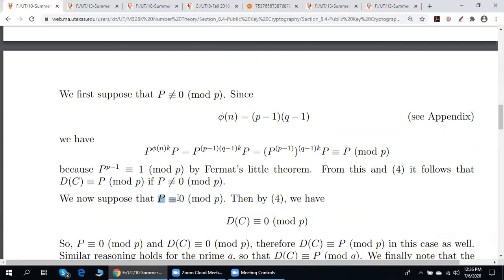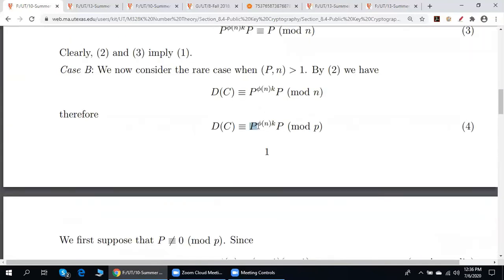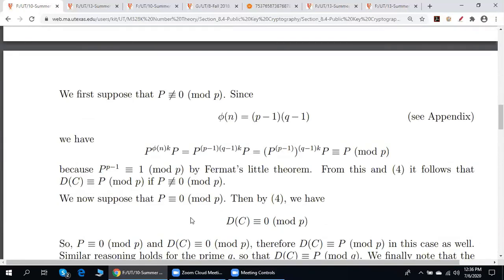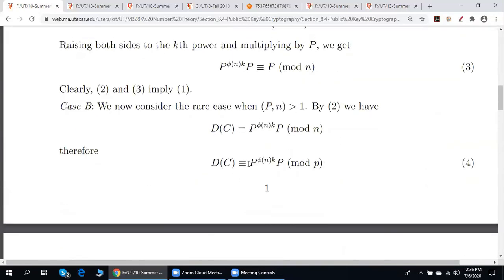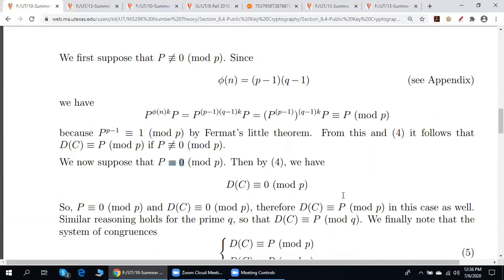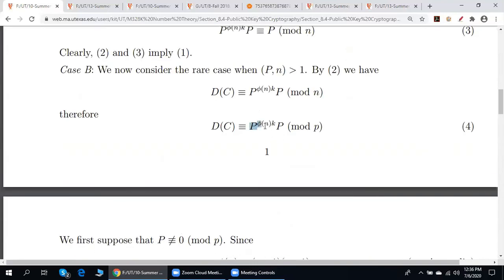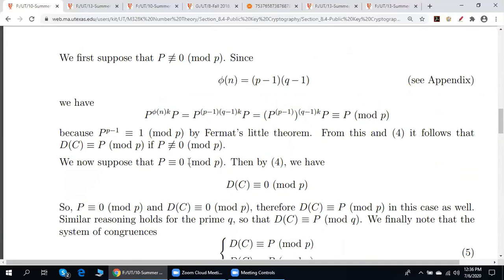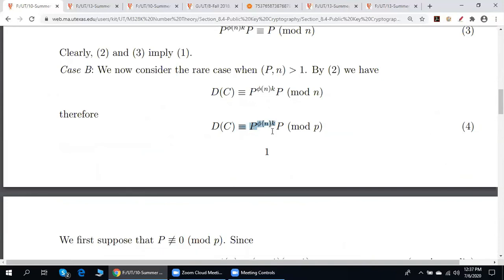So, if we multiply both sides here by this, we get the following. On the left, we will get this. On the right, we will get 0. So, this is congruent to 0 modulo p. Since this is congruent to 0 modulo p, and d of c is congruent to this, d of c is congruent to 0 modulo p.